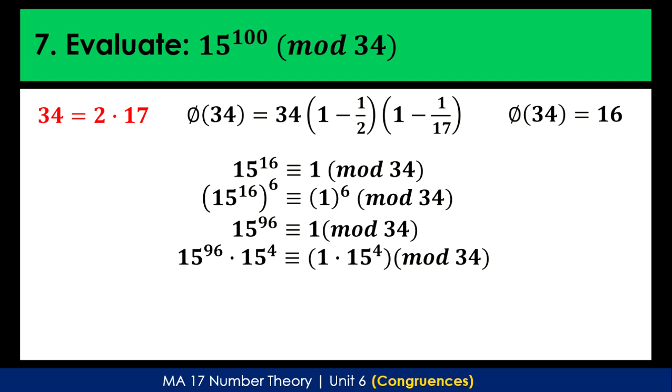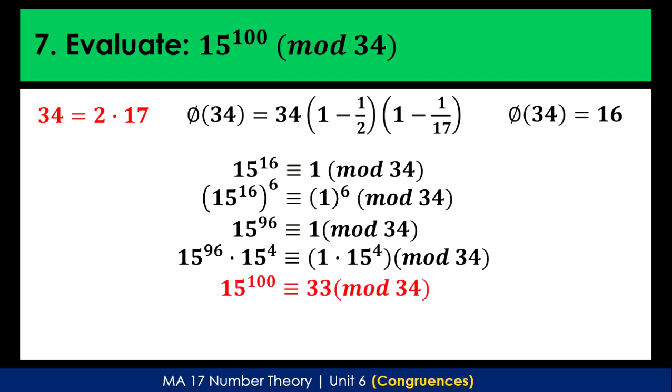In this case, 15 raised to 4 is tolerable; we can identify its value. 15 raised to 4 is 50,625. If we divide 50,625 by 34, we'll have the remainder of 33.